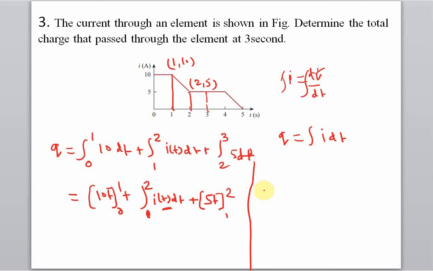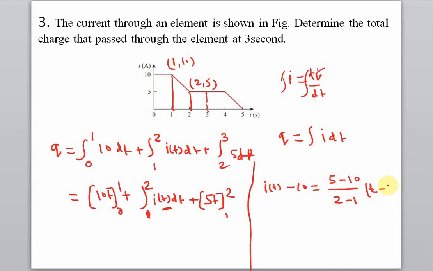So we have to find the line, using the familiar equation between 2 points: y minus y1 equals (y2 minus y1) upon (x2 minus x1) times (t minus x1).